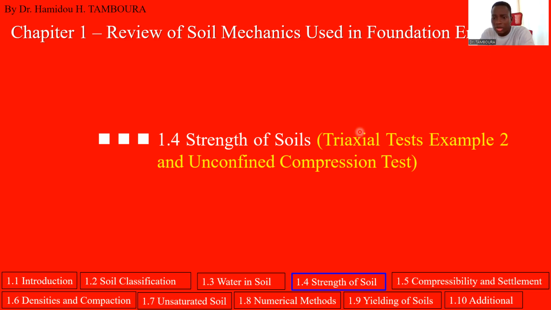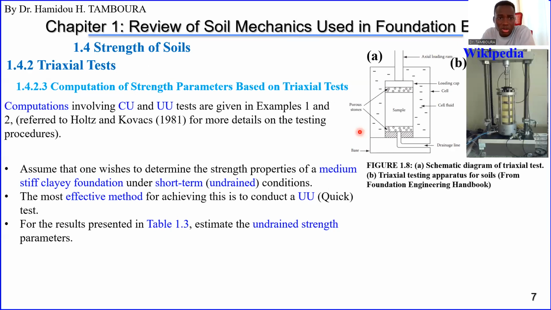After that we will talk about unconfined compression test. That one is also used sometimes because it is a very simple test, and can give us some information on the soil strength.